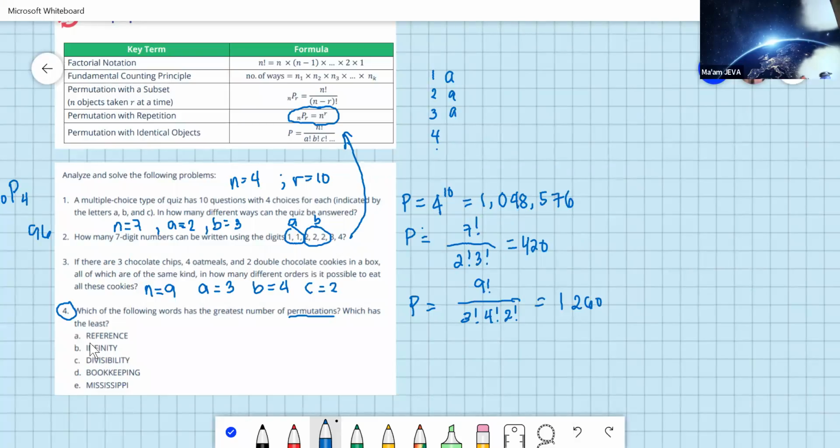Okay, so let's find letter A. Letter A, so your N here is the number of letters. How many letters are there? R, E, F, E, R, E, N, C, E. How many is that? 1, 2, 3, 4, 5, 6, 7, 8, 9. Correct?